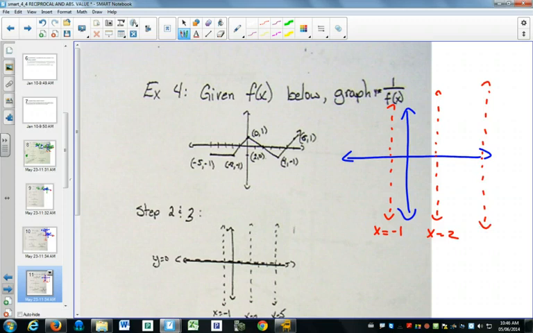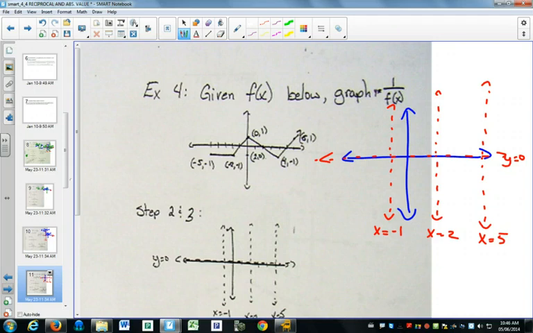Wow. Does this have an arrow that says the graph either goes up forever or down forever? Yes, it does. So we will have an asymptote at y equals 0. So always start by drawing our asymptotes.